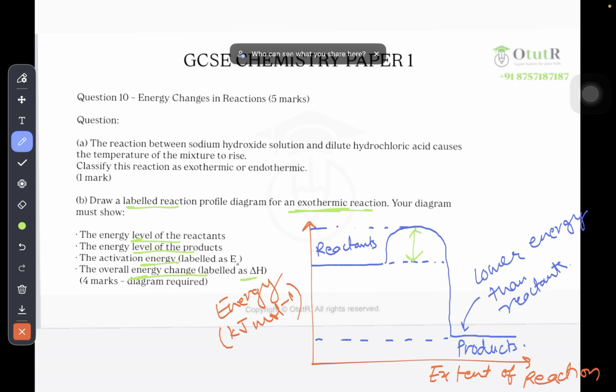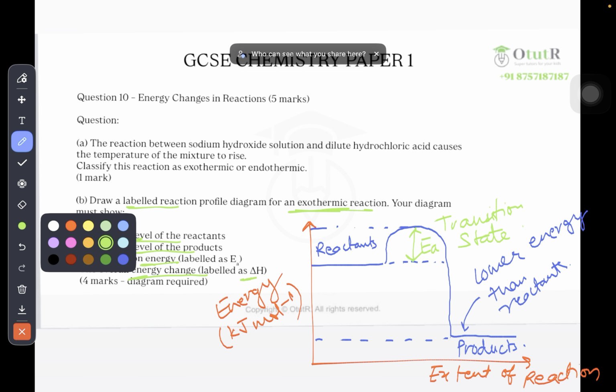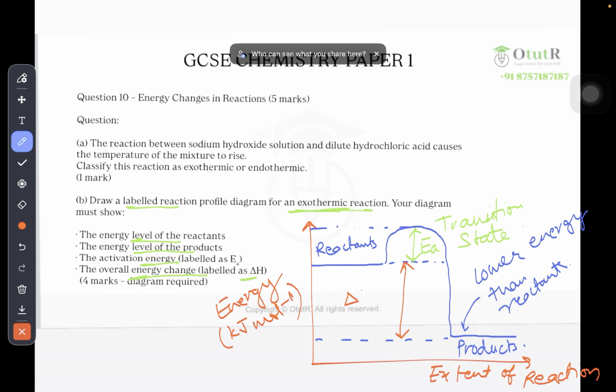This curve over here, this is your activation energy, EA, and this is the transition state. This thing is the overall energy change, so label it as delta H, which is negative because this is an exothermic reaction.